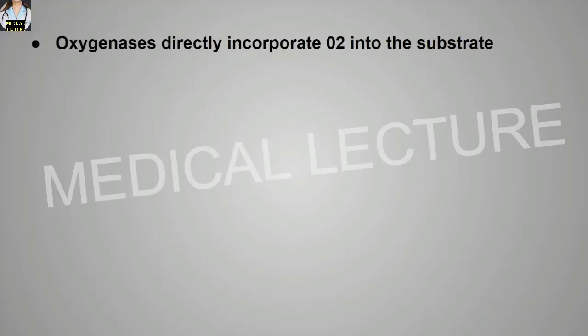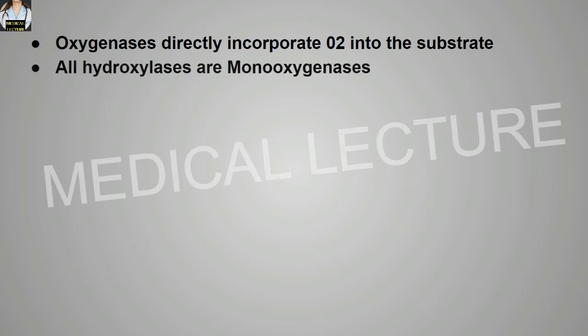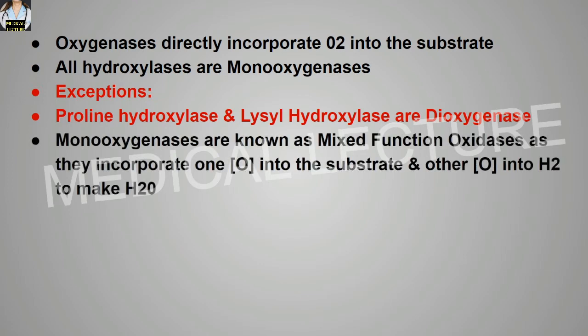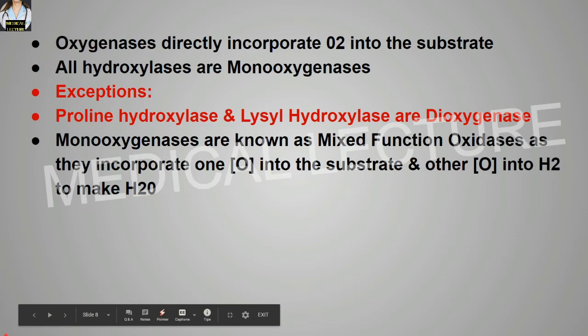Oxygenases directly incorporate oxygen into the substrate. All hydroxylases are monooxygenases. The exceptions are proline hydroxylase and lysyl hydroxylase, which are dioxygenases and not monooxygenases. Monooxygenases are known as mixed function oxidases as they incorporate one nascent oxygen into the substrate and the other nascent oxygen into the H2 to make water.